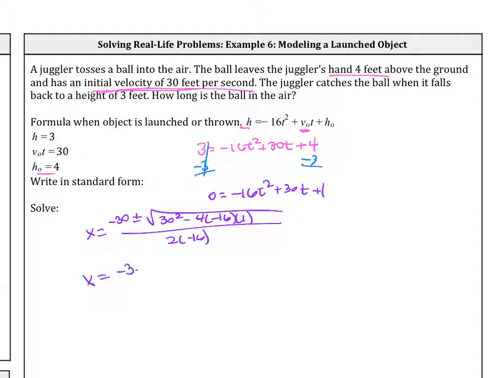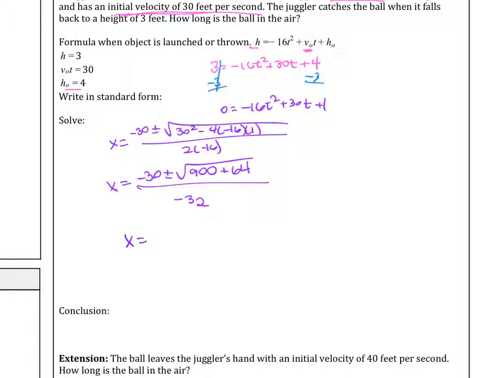This is x equals negative 30 plus or minus the square root of 900 plus 64, all over negative 32. So then this simplifies to x equals negative 30 plus or minus the square root of 964 over negative 32.